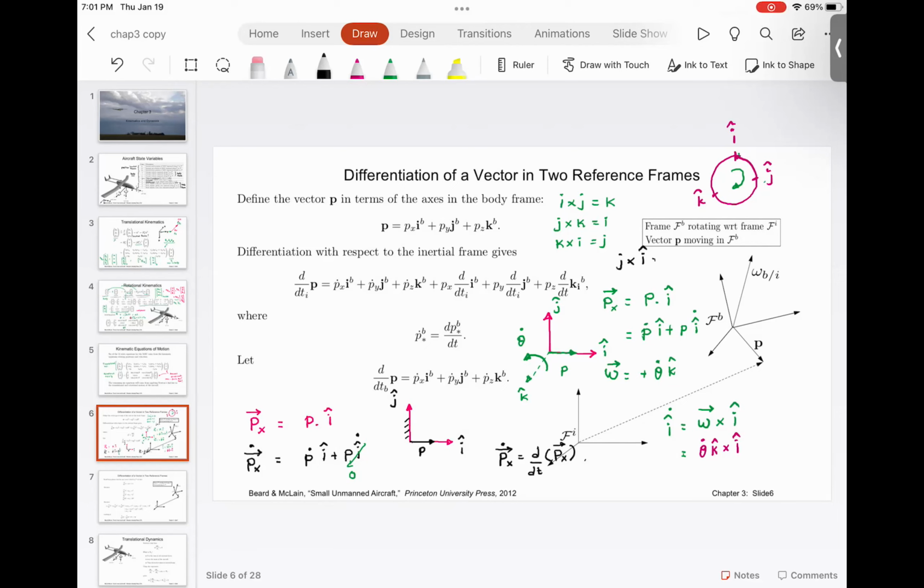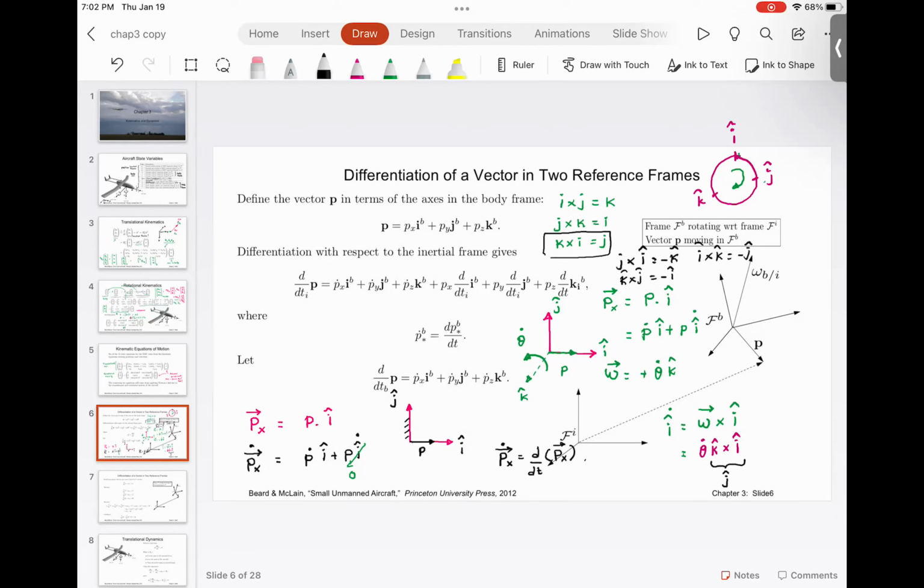It will be minus K. K cross J is minus I. And I cross K. Can someone tell me what is it? Minus J. Everyone understood this? So K cross I is going to be J, right? K cross I is going to be J.